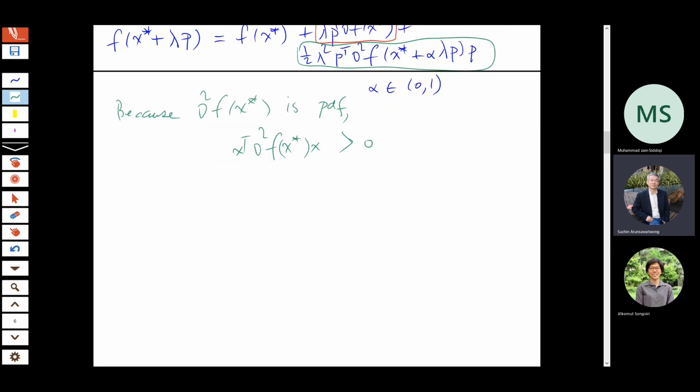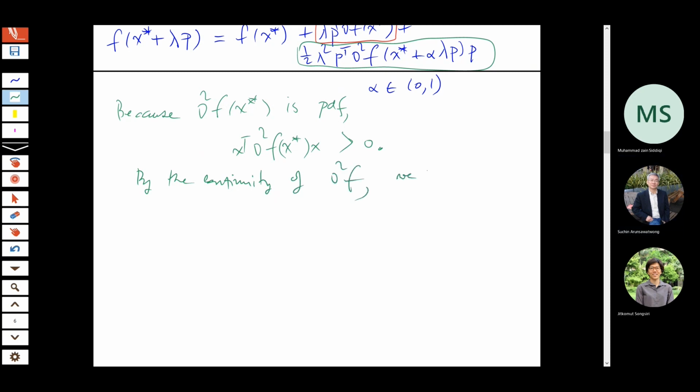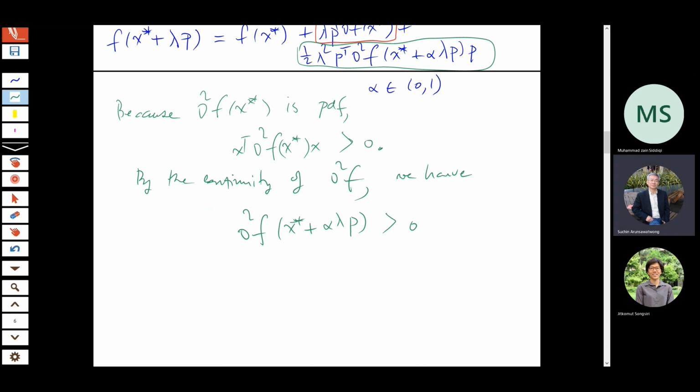By the continuity of the Hessian matrix, we have the Hessian matrix of the function f at the point x star plus alpha lambda p must be positive definite.